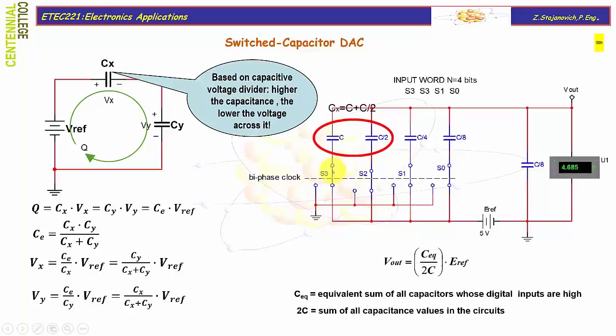So let's say if S3 is connected to EREF and S2 is connected to EREF, they will appear to be in parallel, and then the equivalent capacitance is the sum of those two. On the other hand, all capacitors in branches assigned logical 0 will also be in parallel, and their sum will be the total equivalent capacitance.